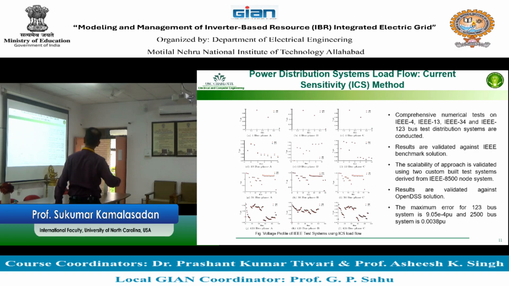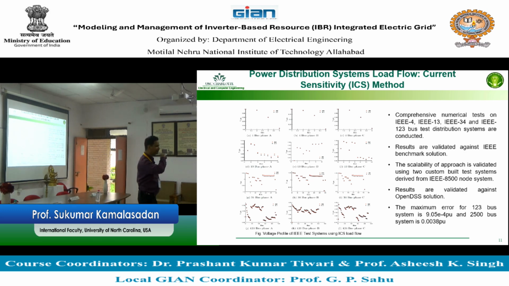So these models come in this category: 4, 13, 34, 123, 8500. What are these 13, 4, those things? What are they? Nodes. So in a distribution system, we always call them nodes. You already heard the story of bus and nodes, so you should know it now.